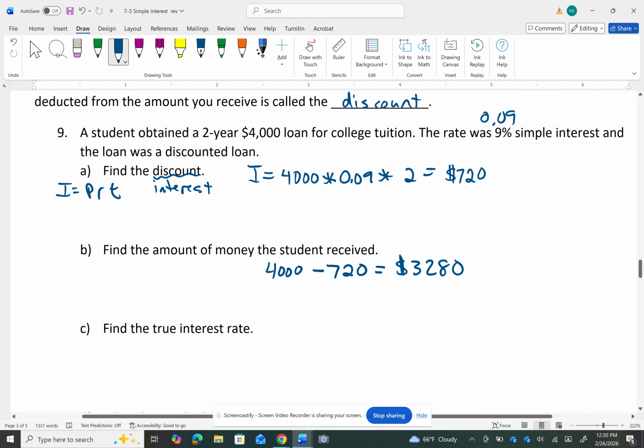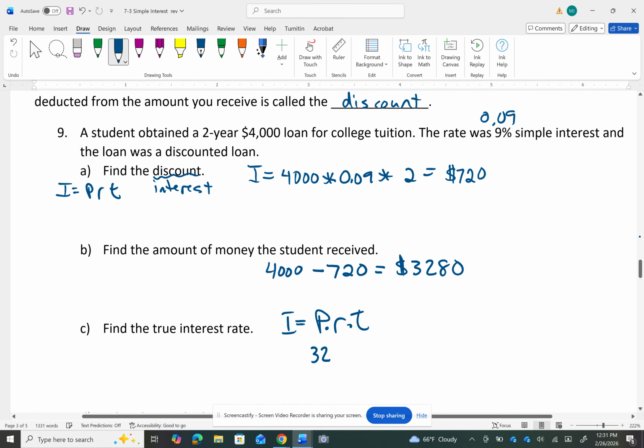Now we're being asked on this next question to think about this a little bit. The named interest rate was advertised as 9% simple interest. But what is the true interest rate on this loan? Let's think about that. You know how interest is equal to principal times rate times time? Supposedly I borrowed $4,000, but the reality was I received $3,280.